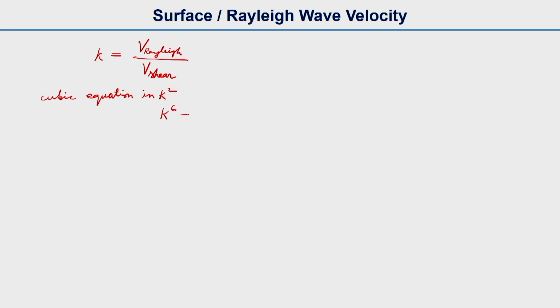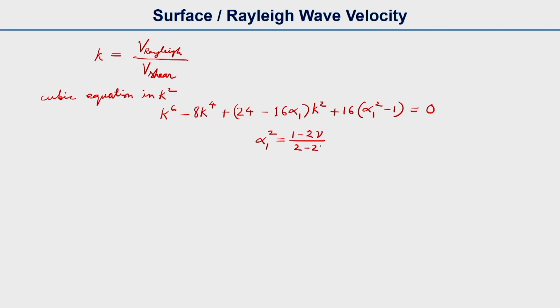It is a little complicated equation. This is the equation, where alpha 1 squared is 1 minus twice nu divided by 2 minus twice nu.